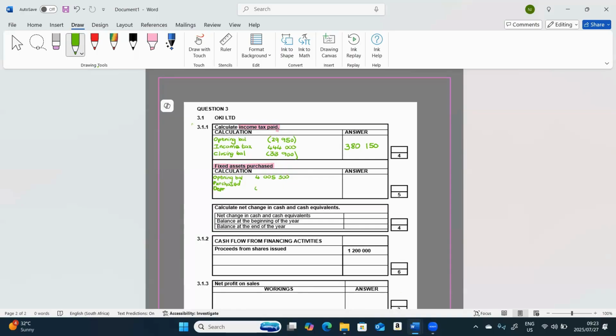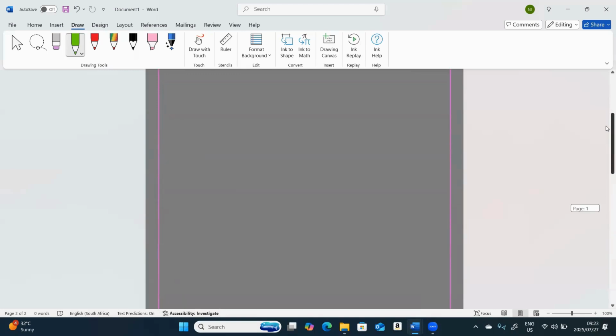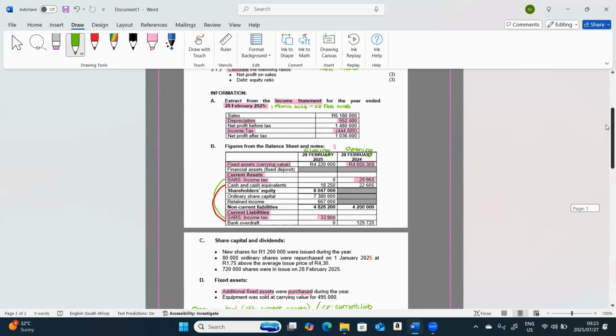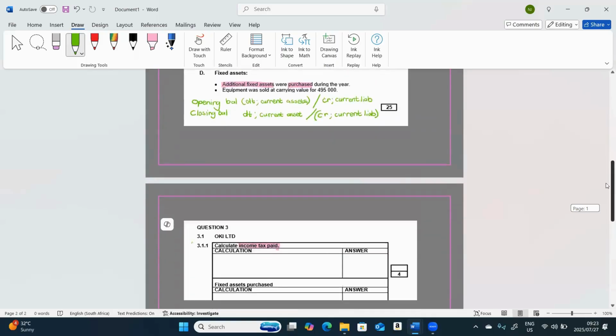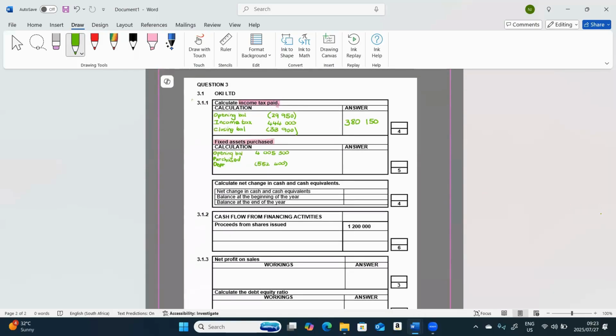It reduces, right, our fixed assets. So it's 552,400 Rand. Okay, that was our depreciation, 552,400. Perfect. So there we have our depreciation, and we know depreciation has to be subtracted.